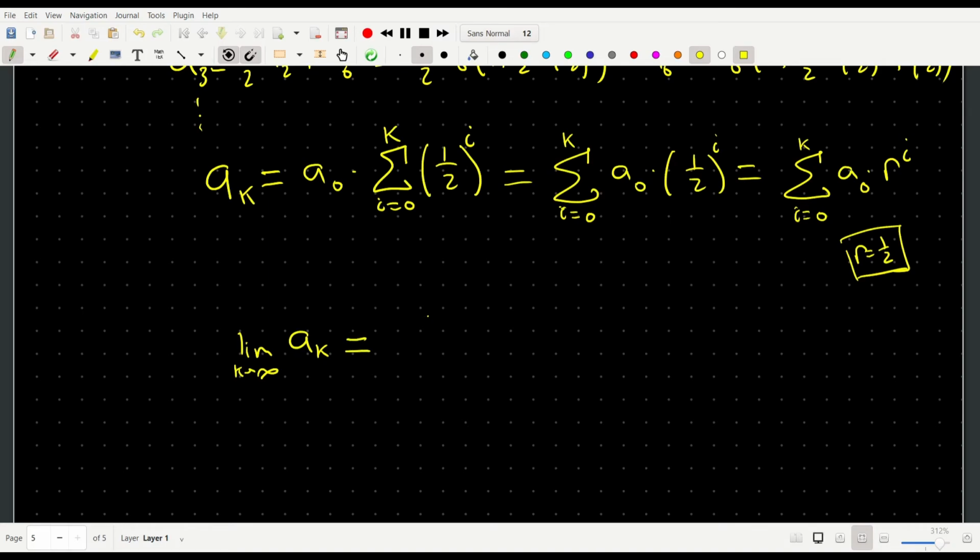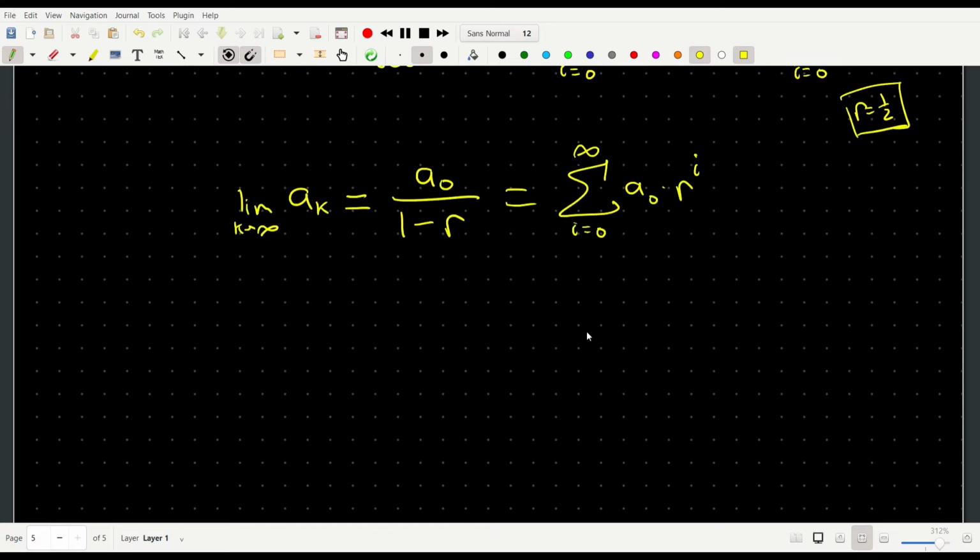And this is going to be exactly a_0 over 1 minus r, or the infinite geometric series of these terms, r to the i. And this limit is exactly a_0 over 1 minus 1/2, which simplifies to 2 times a_0, which is the exact same value that we obtained in our analysis of the recursive form of this sequence.